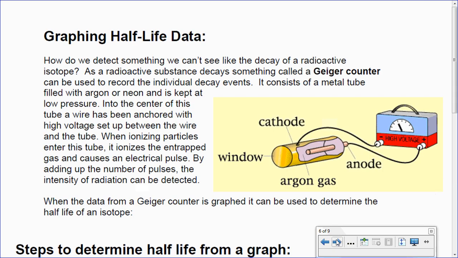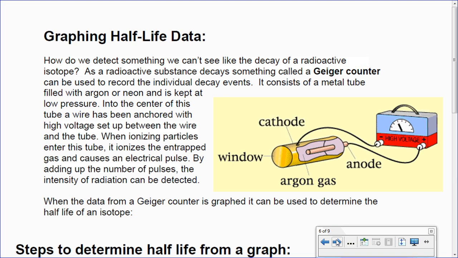Let's see what else we have to see about half-life. Graphing half-life data is pretty straightforward. A Geiger counter is usually used to detect the radioactivity of a sample, and this is just a picture of what a Geiger counter is. It's a cathode and an anode that relies on the radioactive particle to complete the circuit.